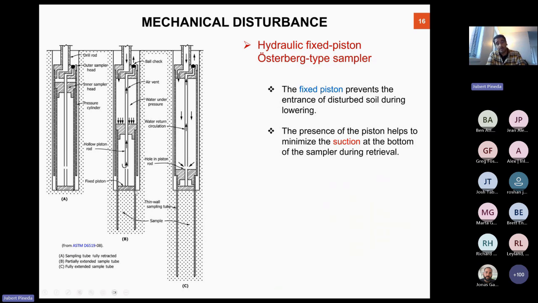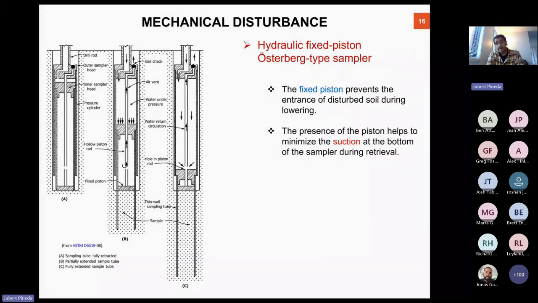So the piston is fixed at this position, and then the inner head pushes the Shelby tube downwards into the natural ground. Once we reach the maximum length of the tube, the sampling depth, we lock the piston and pull up the sampler.